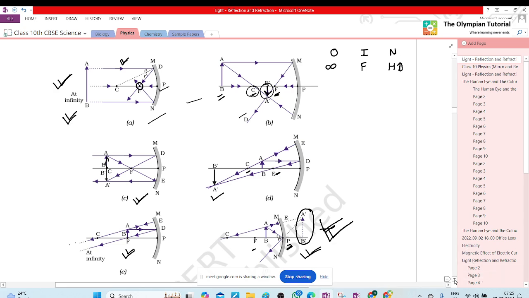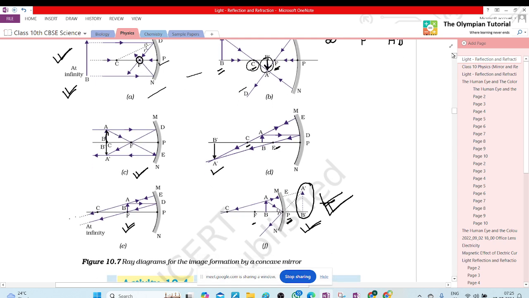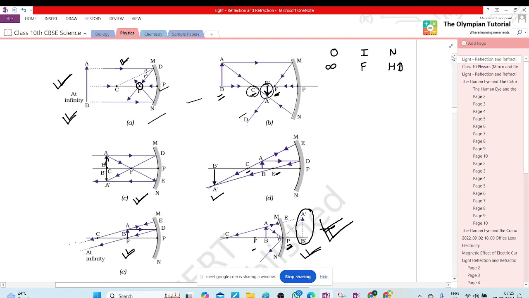Okay. And Tanya, one more thing, you have to practice these six diagrams, that how rays are coming. Here rays are coming parallel. After striking, they are going towards the focus. Rays are coming like parallel, striking, going towards the focus and center of curvature.